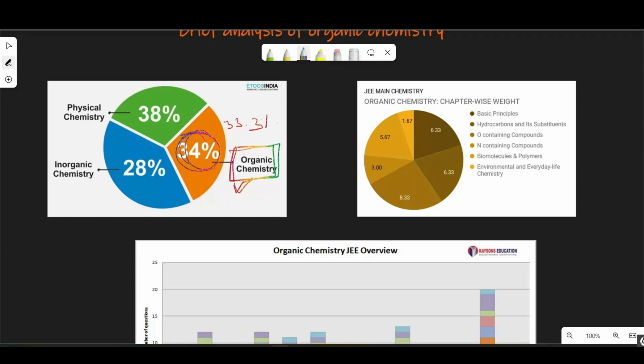If you're strong enough to solve any question in organic chemistry, it will boost your score drastically in any entrance examination. And if we see this chapter wise, we can see the basics of organic chemistry and hydrocarbons and their substituents, oxygen containing compounds, nitrogen containing compounds. These are all interrelated topics, so we need to learn all the concepts clearly, and then the theory subjects.